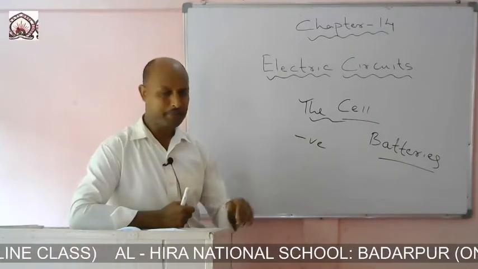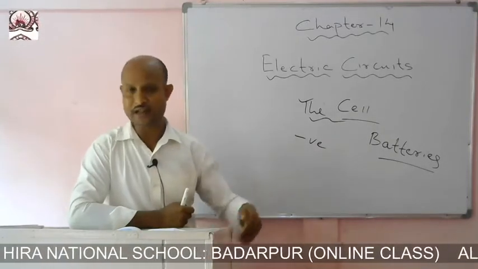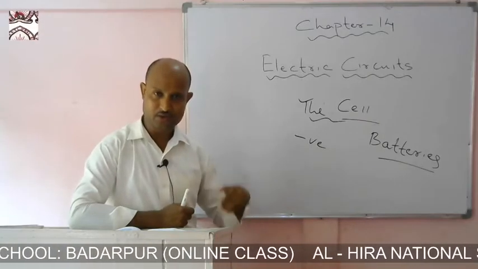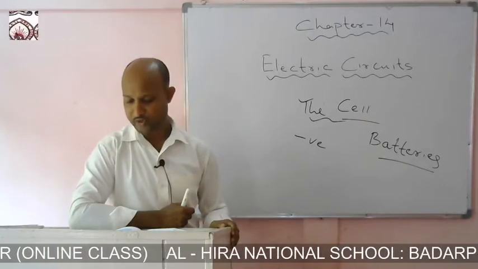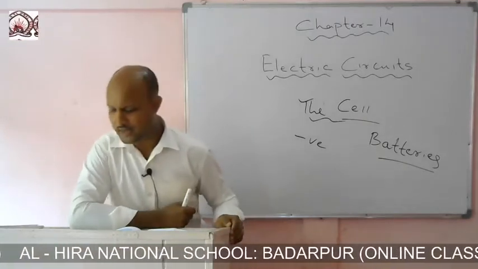At that time, a complete loop of an electric circuit is formed, and the flow of electrical energy takes place, which makes the bulb in the torch glow. In this way, we are able to use these cells.